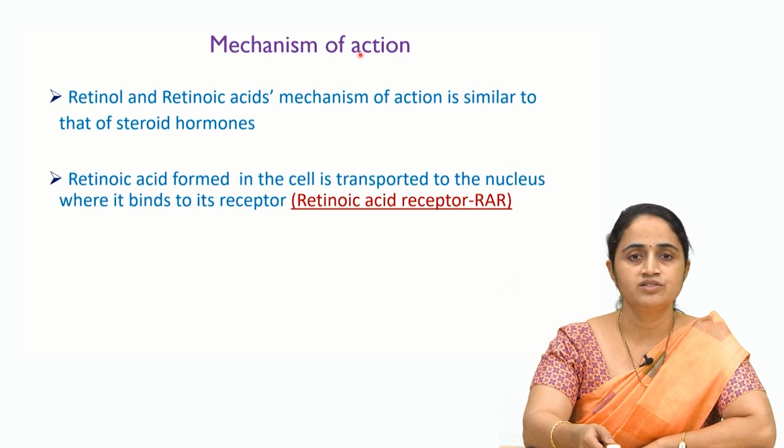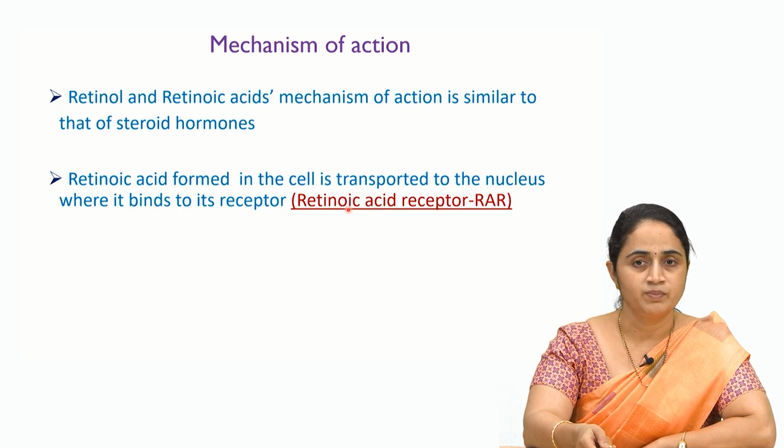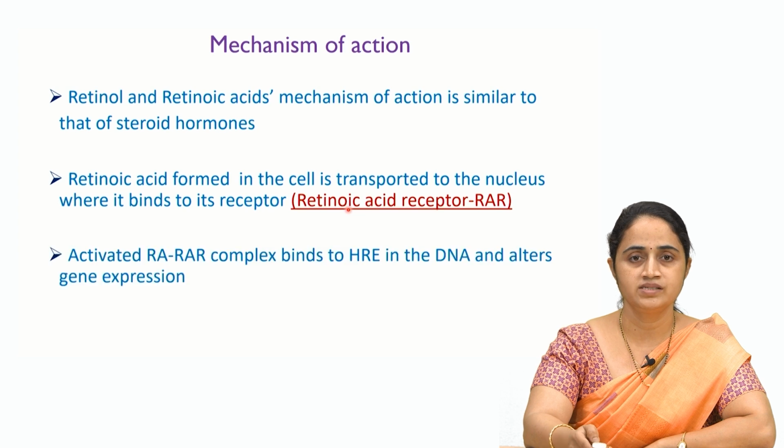Since it is a fat soluble vitamin, it can directly pass through the cell membrane and be transported into the nucleus, where the specific receptors for vitamin A are present. These receptors are called the retinoic acid receptors. The vitamin A, that is the retinoic acid, binds to the receptor in the nucleus.